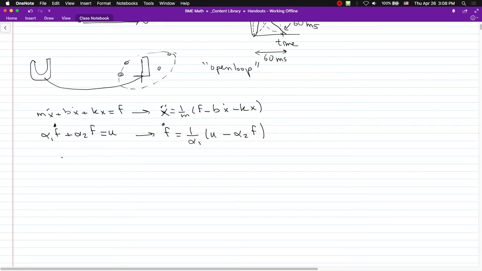So let's now write the state space model for such a system. So we're going to define some variables. This is called x1. Define this as position. x2. Define this as velocity. x3. Define this as force. So I have now x1 dot, x2 dot, x3 dot. So this is my state.